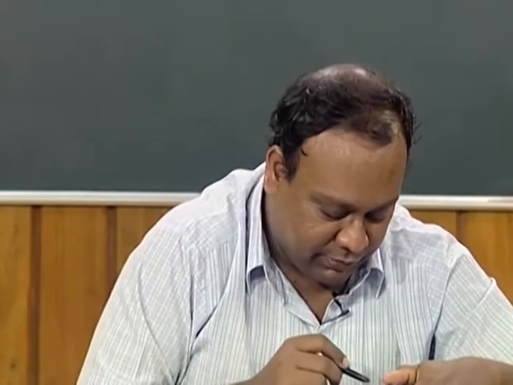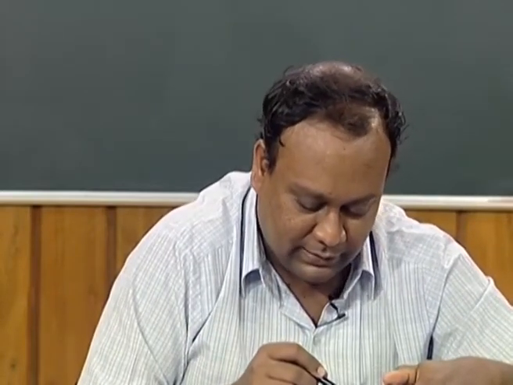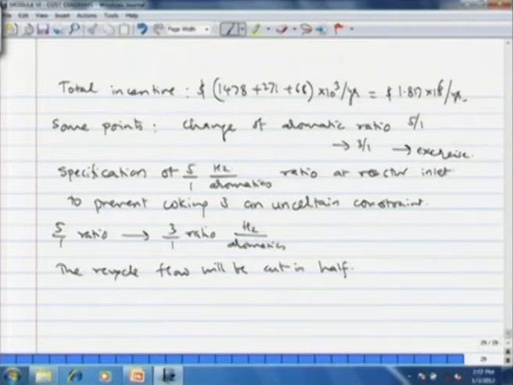Now, if you reduce from 5:1 to 3:1, the gas recycle flow will be cut in half. Okay? And therefore, the reduction in the cost associated with gas recycle flow will be the summation of all the costs that are associated with gas recycle times 0.5.